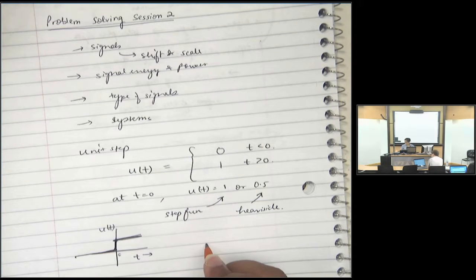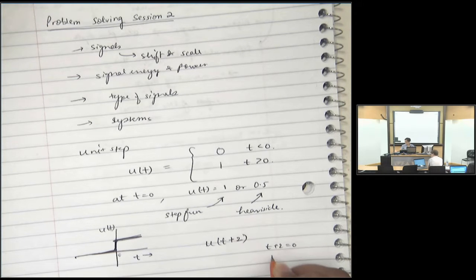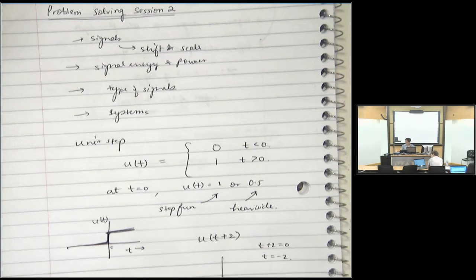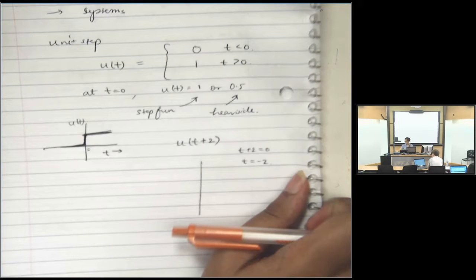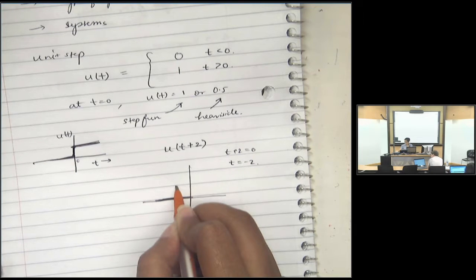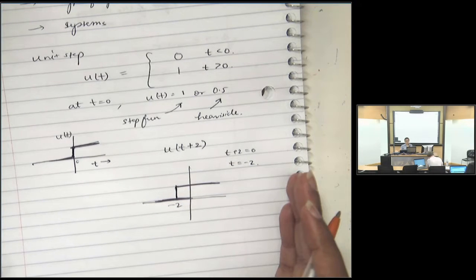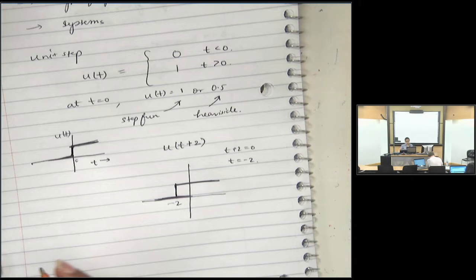So when we have u of t plus 2, now this will be centered at t plus 2 equal to 0, that is t equals minus 2. So this will be shifted to t equals minus 2. So this is an advance in time. The signal has advanced in time by 2 units.